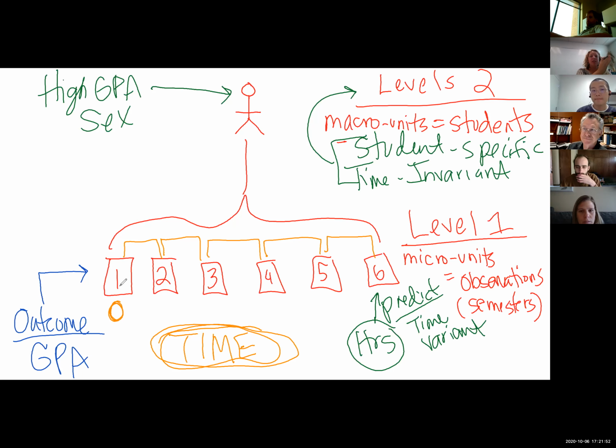Instead, we would number them 0, 1, 2, 3, 4, 5. And doing so is essentially centering at the first semester. So the time of 0 means at the start, the first semester.